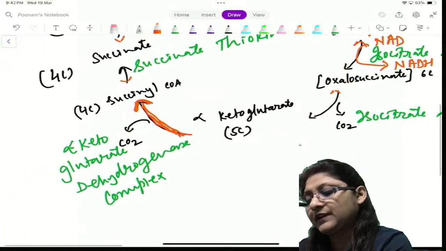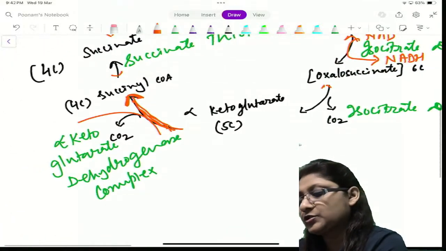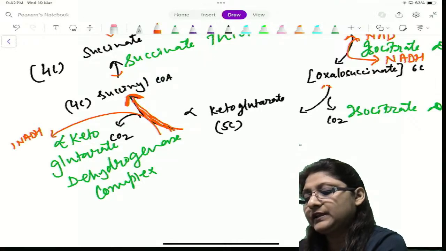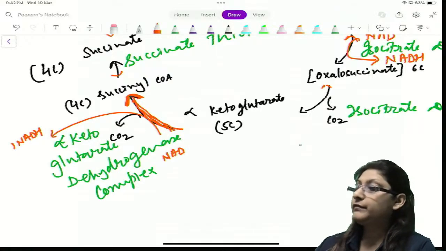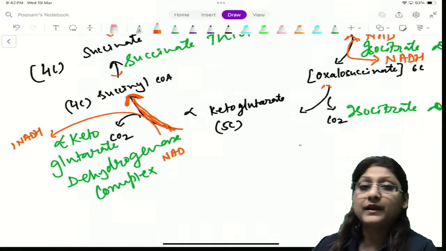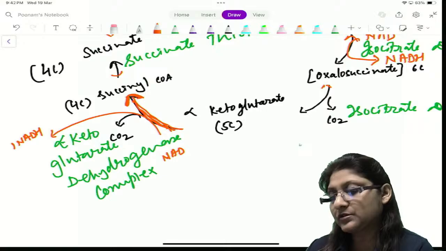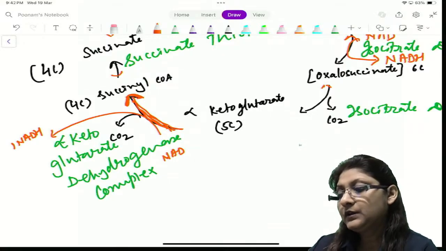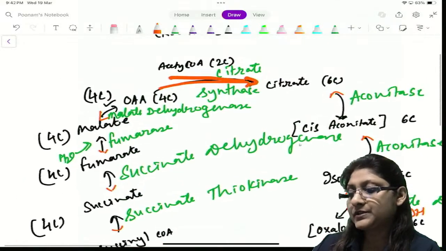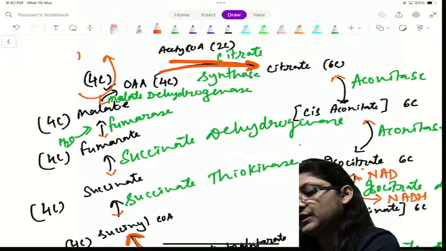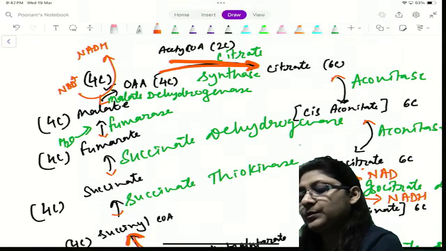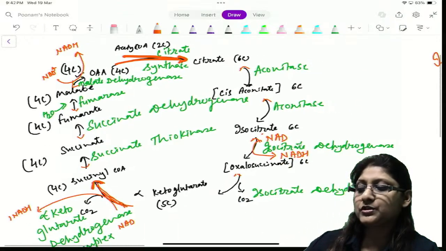Then coming to this alpha-ketoglutarate dehydrogenase complex, at this position also 1 NADH is generated. It is just like PDH complex, where you saw that PDH complex when acts produces you 1 NADH. Last but not least, the malate dehydrogenase enzyme is going to produce NADH. So this is how we talk about the production of NADH at 3 positions.